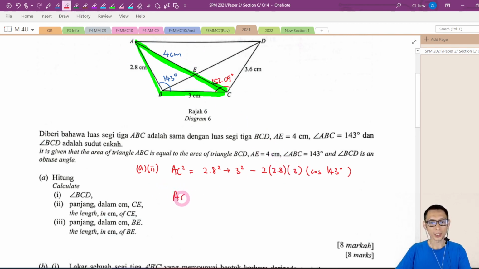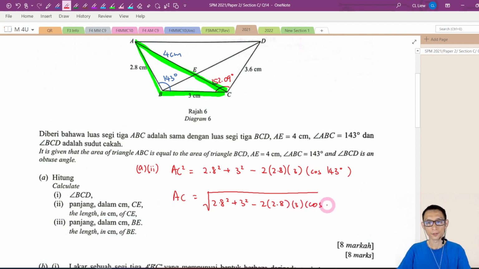To get the length of AC, you press this whole thing: 2.8 square plus 3 square minus 2 times 2.8 times 3 times cosine 143, and then square root it.